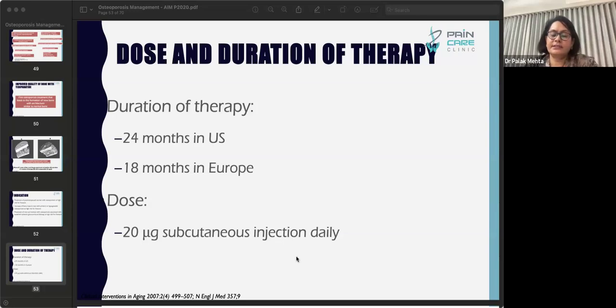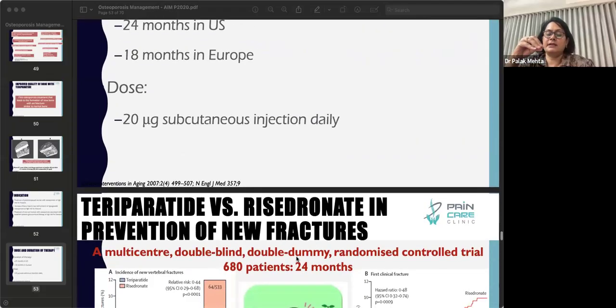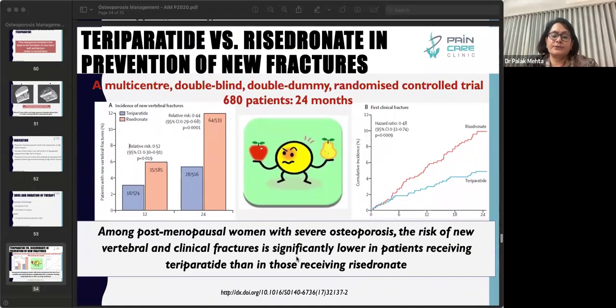So the daily dosage is, again, the dose needs to be taken every day at the same time, 9 a.m., 10 a.m. So the dose is 20 microgram per day. If you compare the studies, teriparatide versus risedronate in prevention of new fracture, multiple studies have been done.